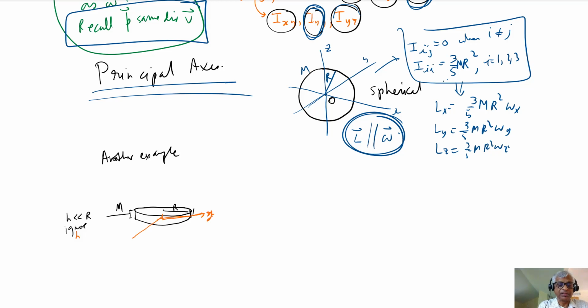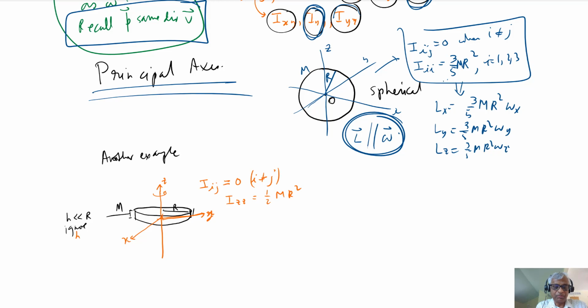Maybe this is y, this is x, and this is the z-axis. The moment of inertia Iij here will be 0 for i not equal to j. But when you look at just the z-axis, rotation about that turns out to be half mr square.